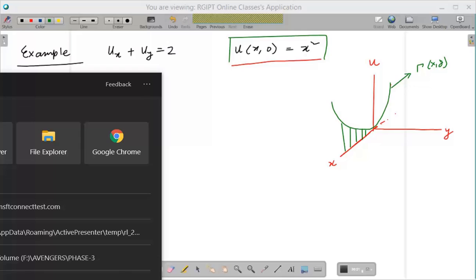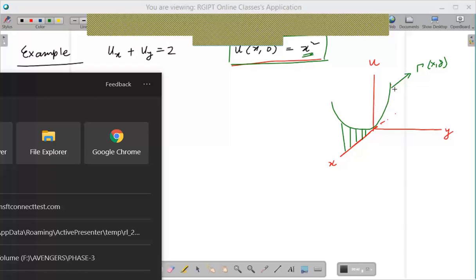It tells me that along y equal to 0, along this x-axis, I already know that u has this dependence on x. Now I have to find u as a function of x and y. Is this correspondence okay with everyone?